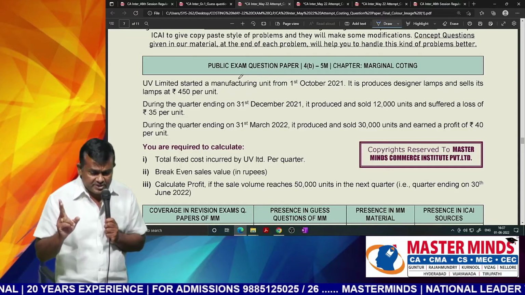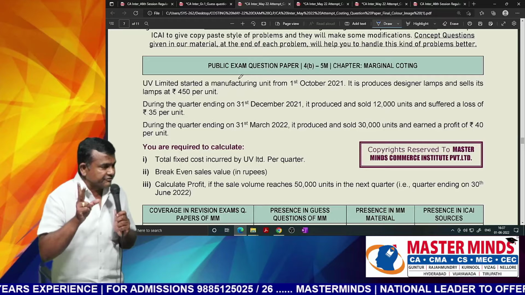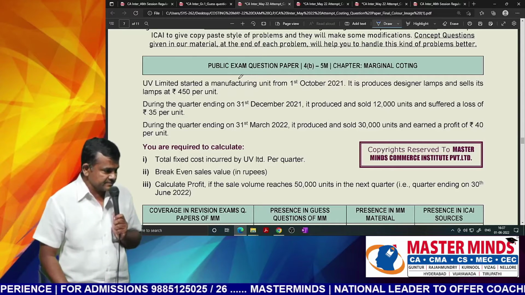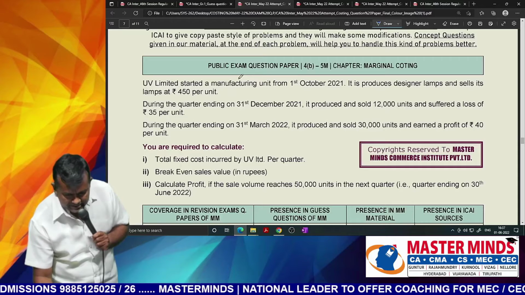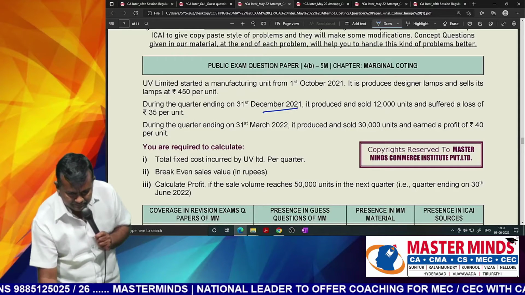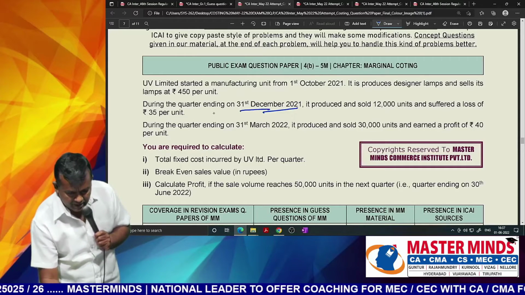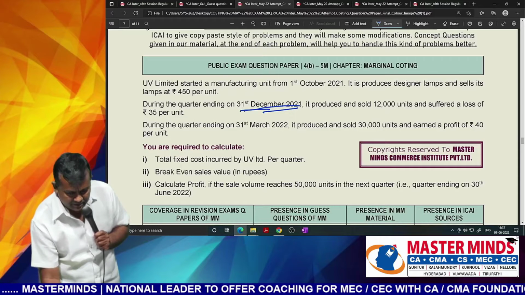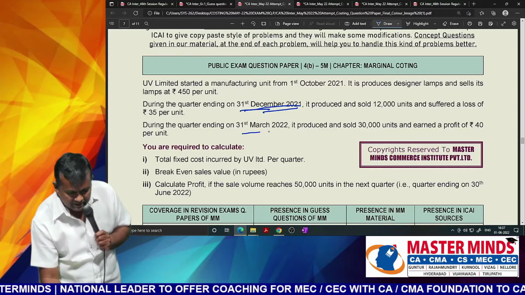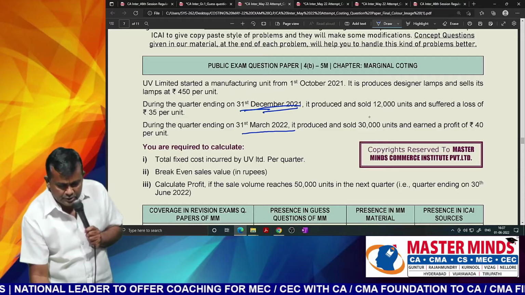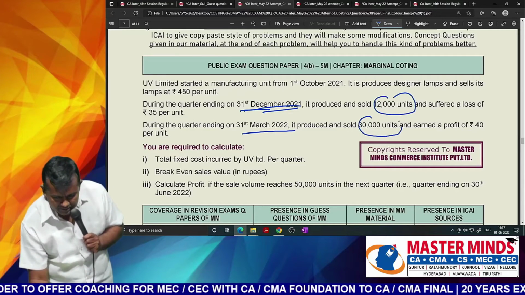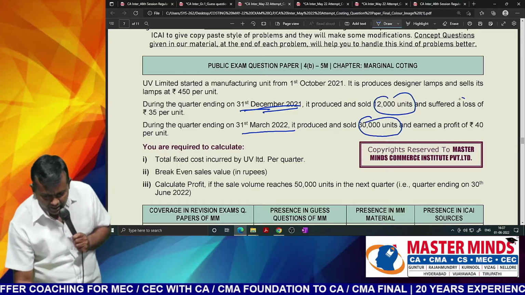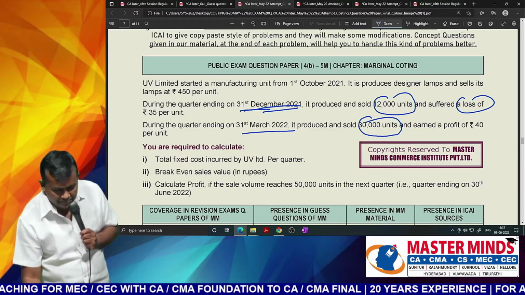So here sales and profits are given at two different activity levels. During the quarter ending 31st December 2021, sold 12,000 units, loss making at this volume. During the quarter ending 31st March 2022, sold 30,000 units, profit making.